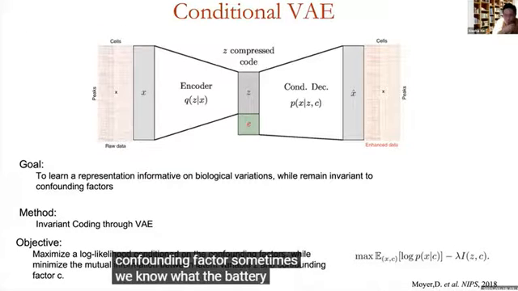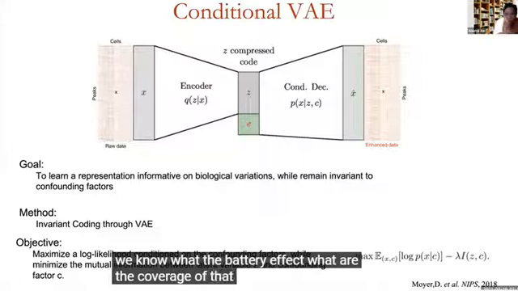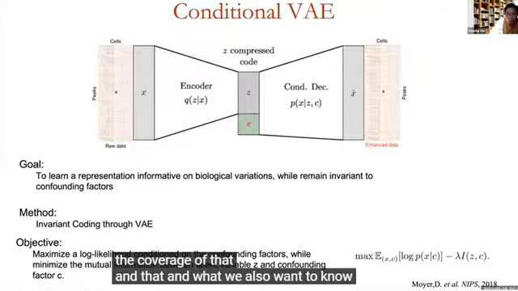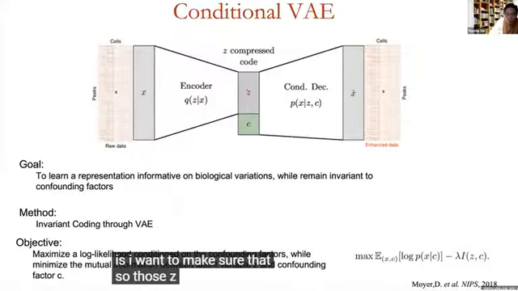Sometimes we know what the batch effect is, what the coverage is. And what we also want is to make sure that those Z and C are independent of each other.